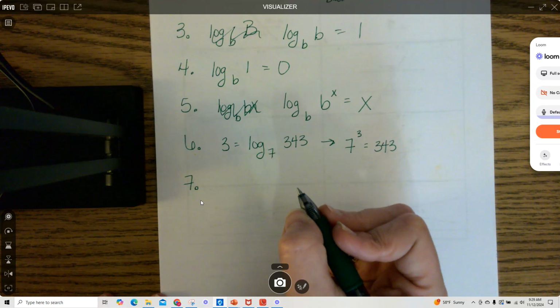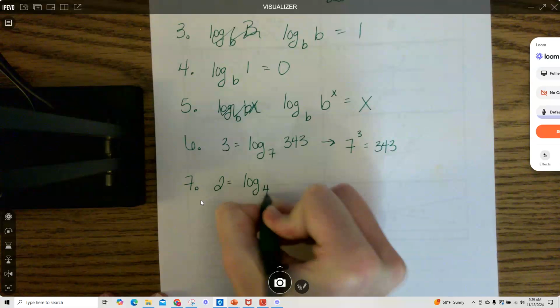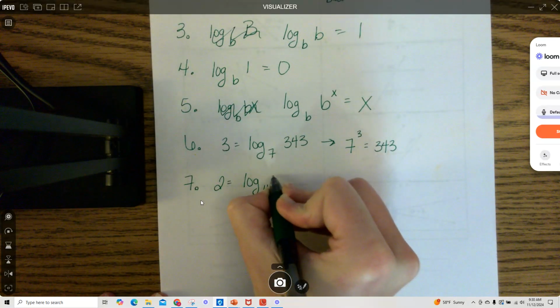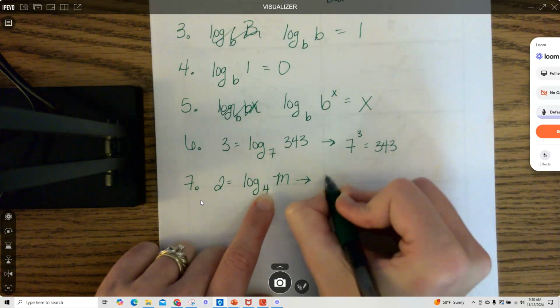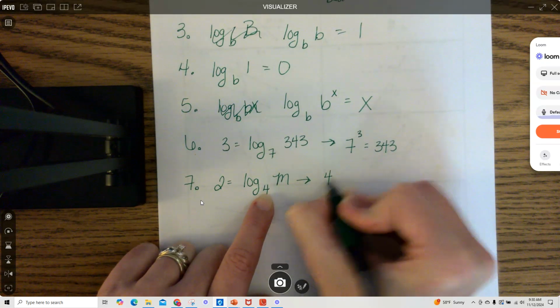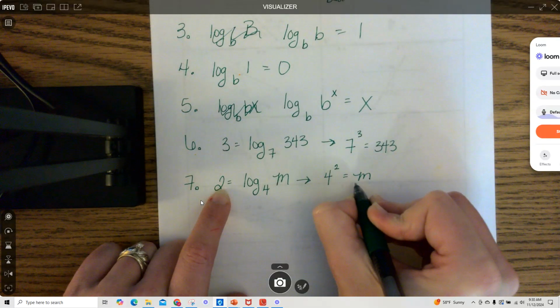Okay. 2 equals log base 4 of capital M. Base stays your base. This becomes your exponent. Equals m. What is the equivalent exponential form of the equation?